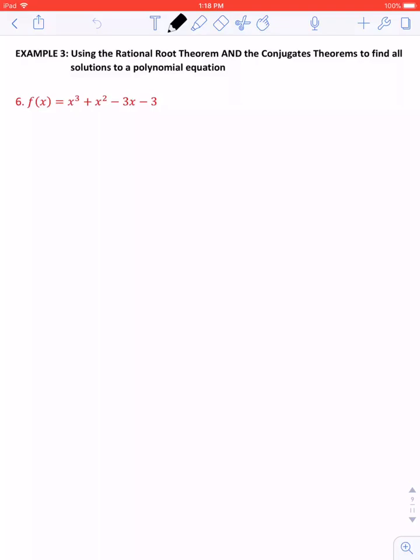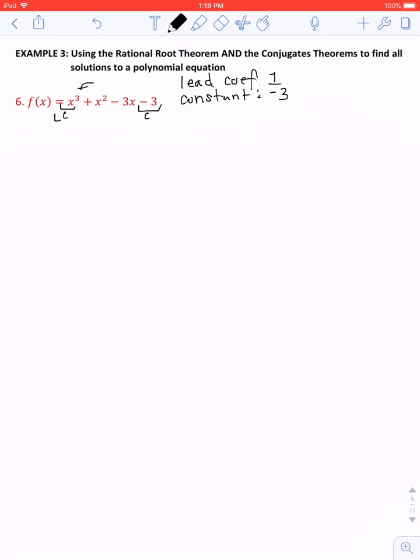So first thing you want to do is identify information based off of your first term and last term. You want to identify your lead coefficient. In this case, it's 1. You want to identify your constant, which is right here, which is -3.